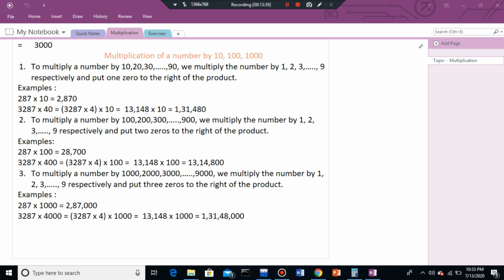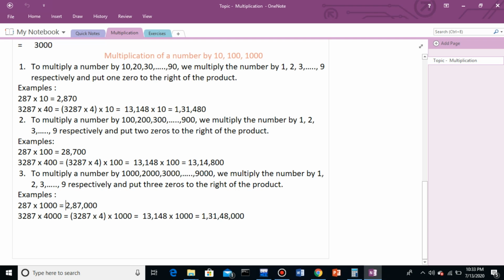First 287 into 1 will be 287. Then we have to put 3 zeros on the right of the product. Product was 287, we will put 3 zeros. Then it will become 2,87,000.